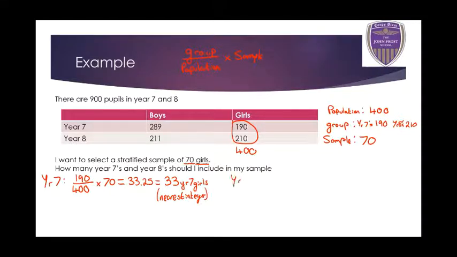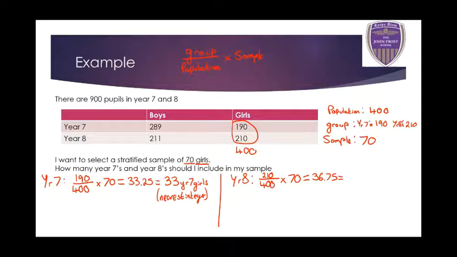And we do year 8 now. Again, we need to do group size divided by population. Well, there's 210 year 8 girls. There's 400 girls in total. We're going to multiply that by the sample size, which is 70. 210 divided by 400 times 70 is equal to 36.75.